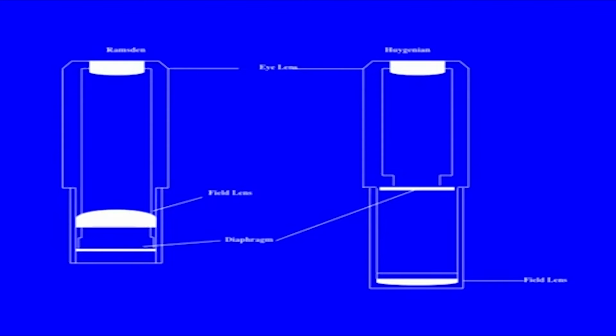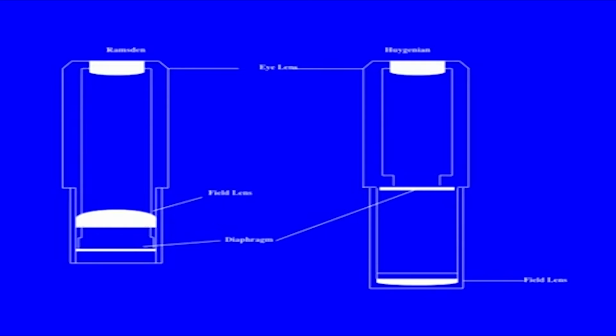In comparison, Ramsden eyepieces are also plano-convex lenses, but the convex part of the field lens faces the eye lens rather than the specimen. Also, the diaphragm is not situated between the two lenses; rather, it is situated below the field lens, and this makes it adaptable for mounting reticles.